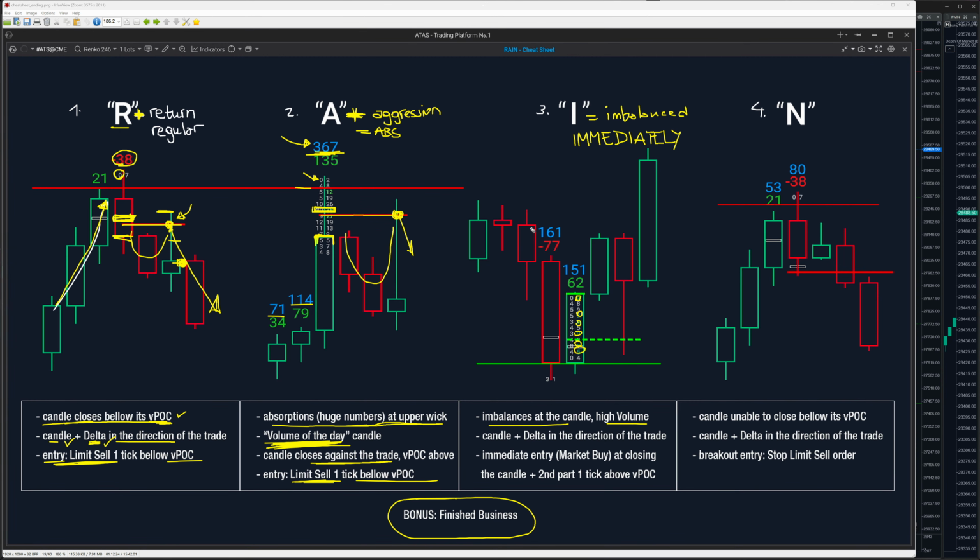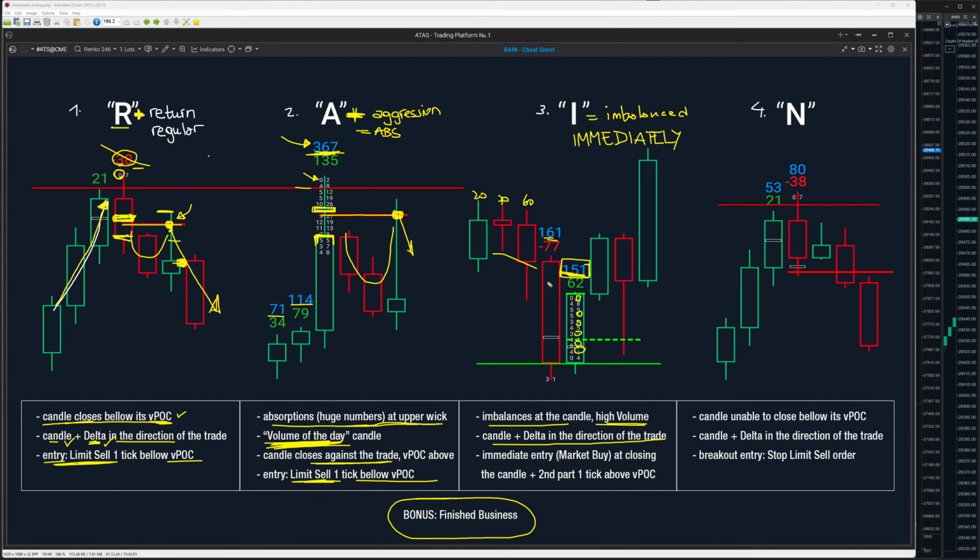And there must be high volume: 151 is quite high. For example, there is 60, there is 70, there is 20, and so on. So there must be high volume, definitely. Unlike in the first setup, where we don't pay any attention to volume. So I is an improved version of R: imbalances at the candle, high volume at the candle, and the candle plus delta must be in the direction of the trade.